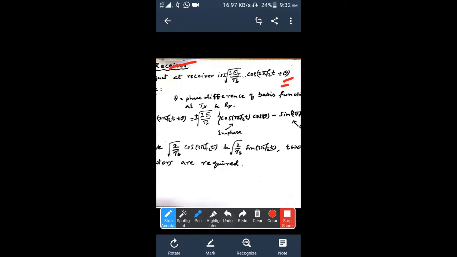But we assume that all communication channels are linear. They don't introduce any frequency change. That's why the 2 pi fc t part will not be changed. That is the assumption. But definitely there will be change in phase and amplitude with respect to the transmitter.